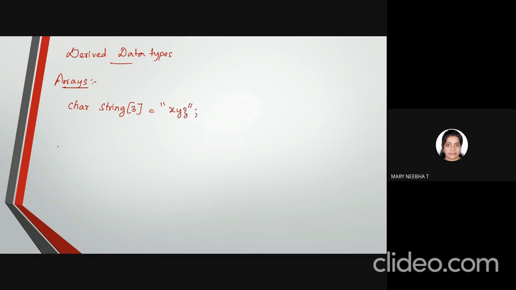This is the case in C language. But in C++, the size should be one size larger. For example, if you are going for fixed sizes, you should declare it as 4, equal to x, y, z. So this is okay for C++.